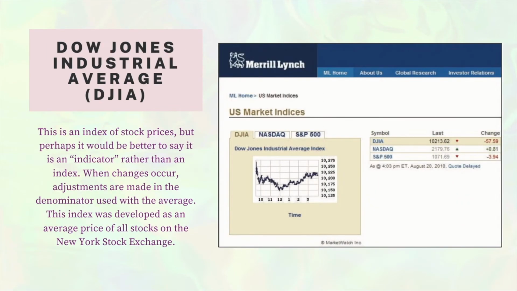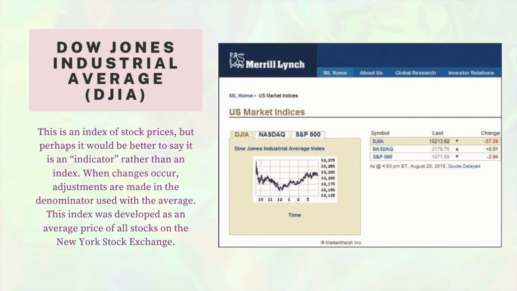And next is the Dow Jones Industrial Average, or DJIA. This is an index of stock prices, but perhaps it would be better to say it is an indicator rather than an index, because when changes occur, adjustments are made in the denominator used with the average.